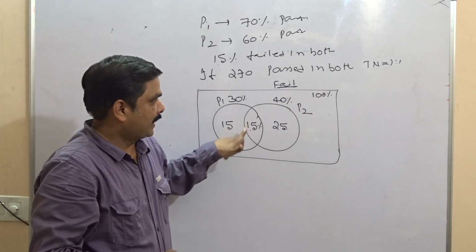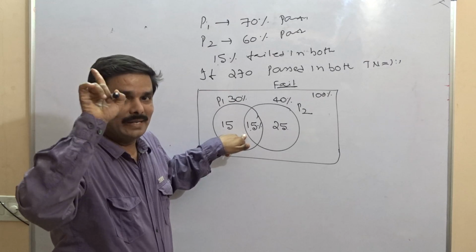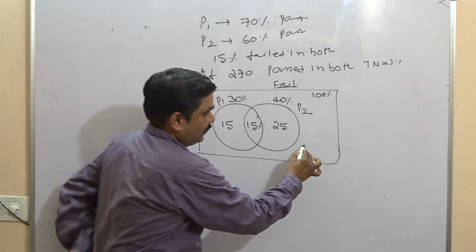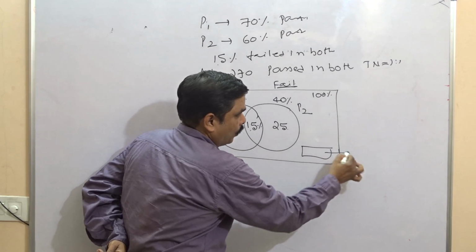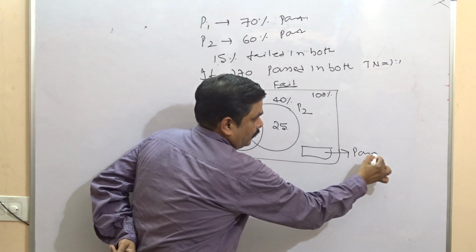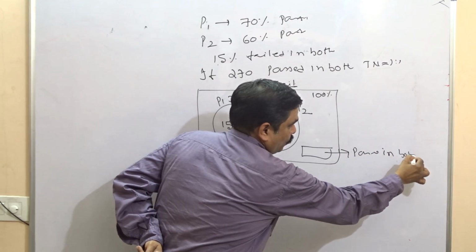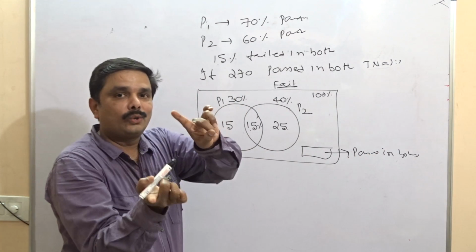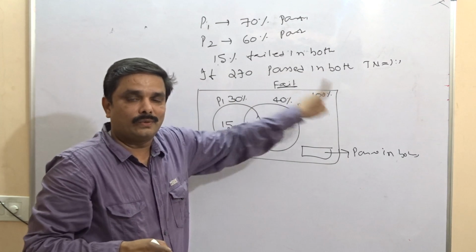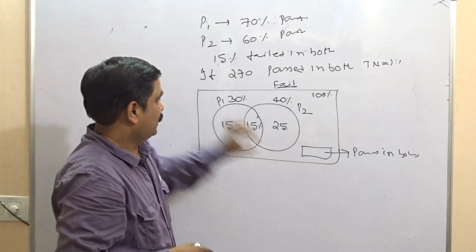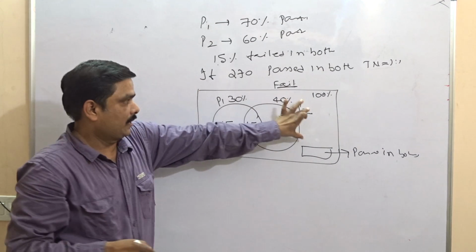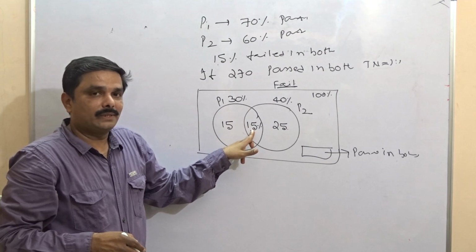Total minus failed in at least one will give me here passed in both. Remember, passed in both. This is altogether another way I have taken this one for our purpose. So 30% failed here, 40% failed here, 15% failed in both.